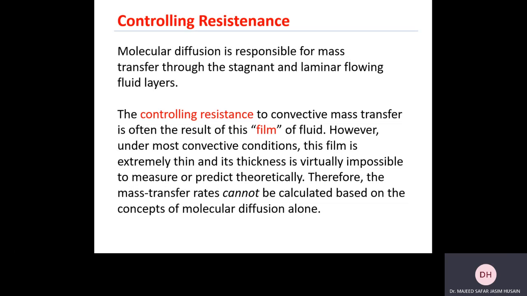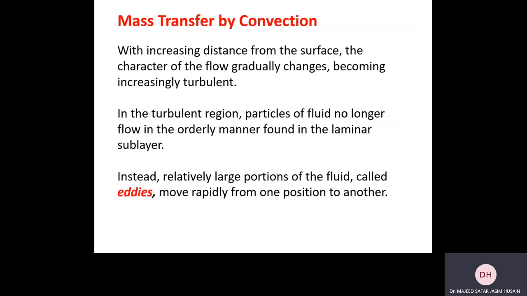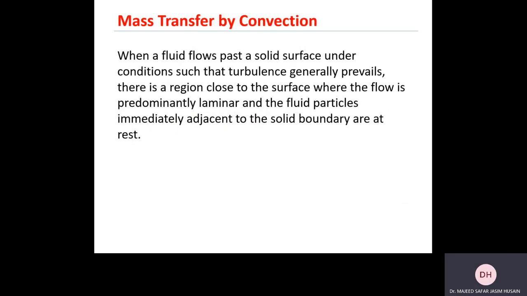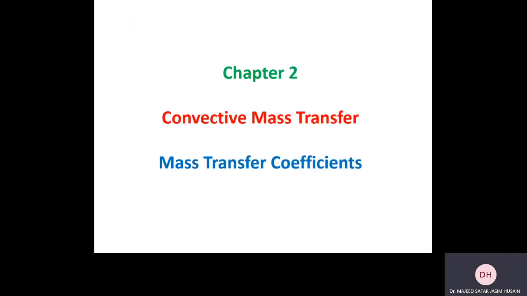So as engineers, we prefer something else. We prefer the mass transfer to be controlled, and we should have the coefficient. So we will be using the mass transfer coefficient rather than the thickness.